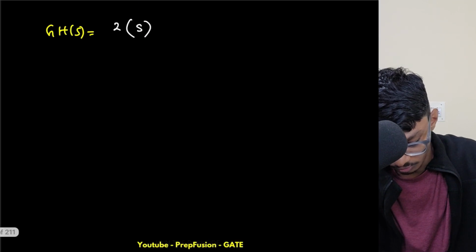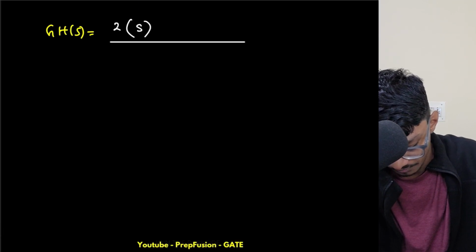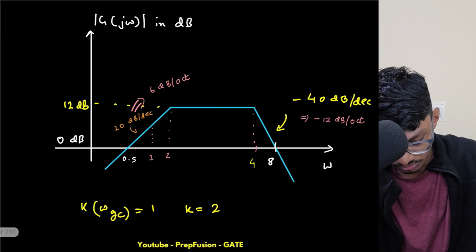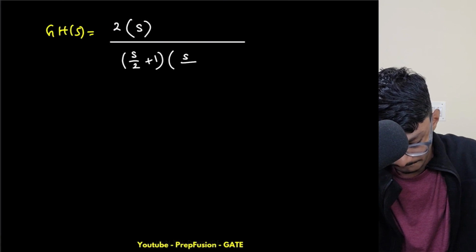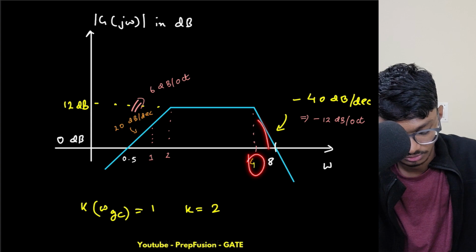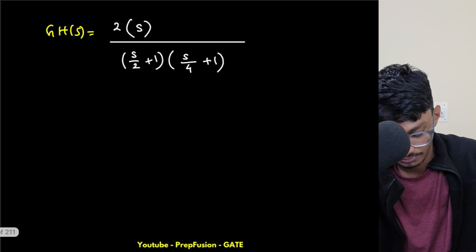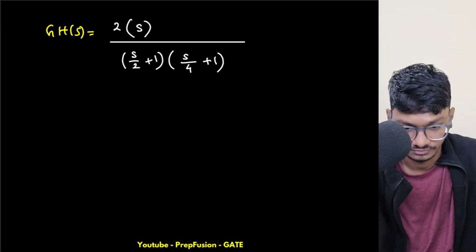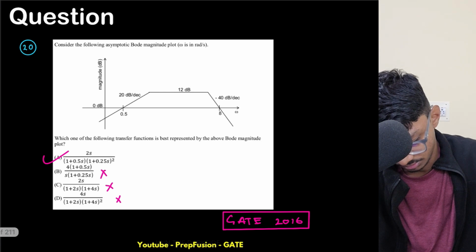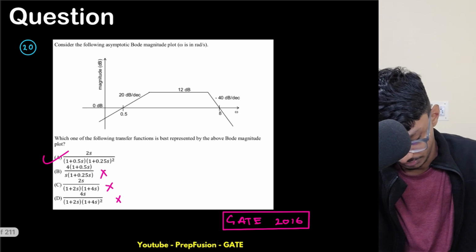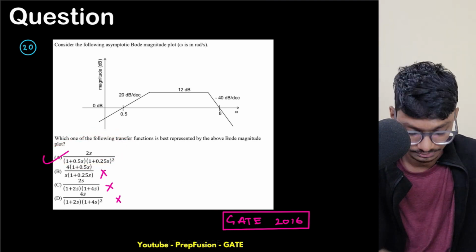One pole I have at s equals 2, so s by 2 plus 1, and another pole I have at s equals 4. So yeah, this is basically my transfer function. Sorry, I have 2 poles here because the slope is minus 40 dB per decade. So you can equate this and you get the correct answer.